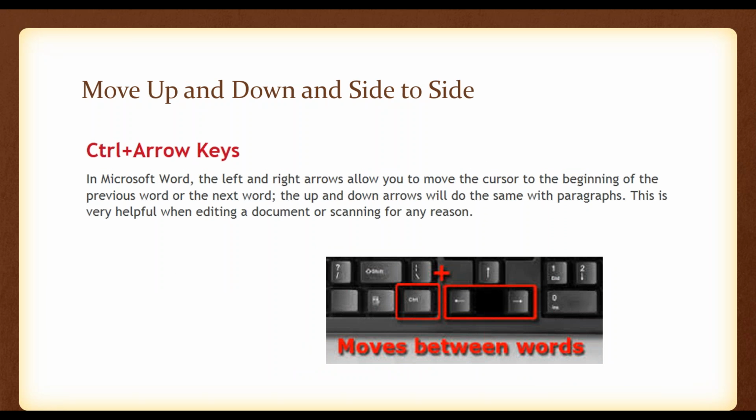You can move up and down, side to side by using your Control plus arrow keys. I'm sure that you've probably noticed that in your web surfing, or at least I hope so. Especially in Word, this becomes really important because you use your arrows to move to whole words. You can highlight whole words, phrases, sentences.